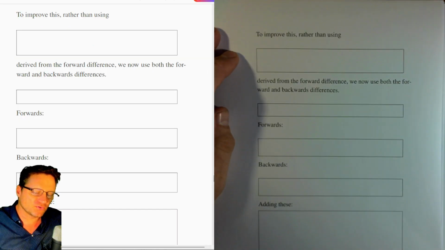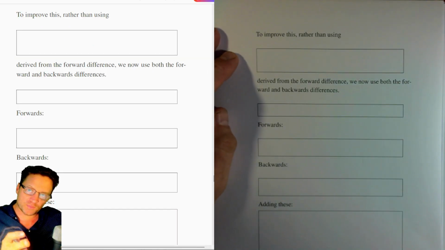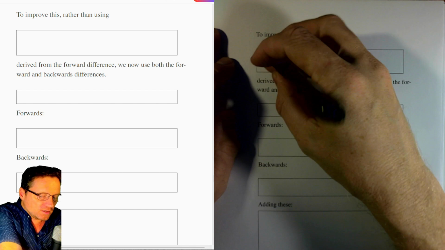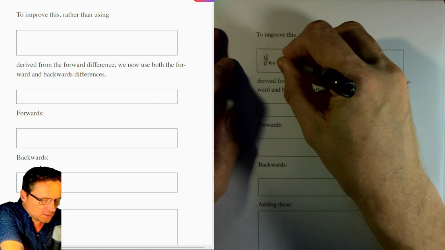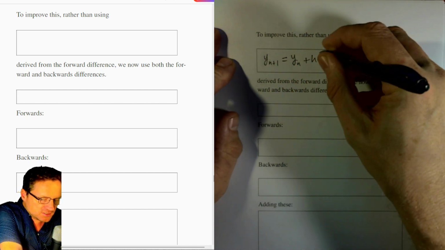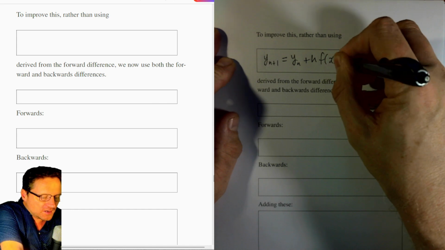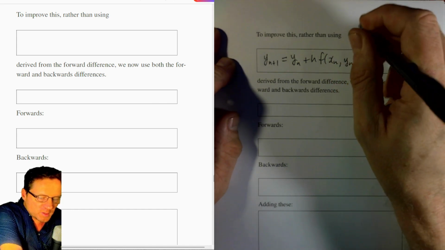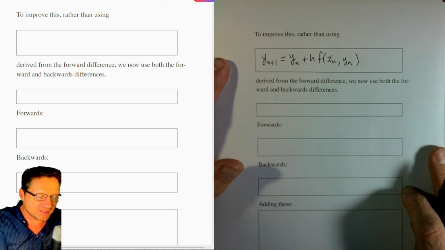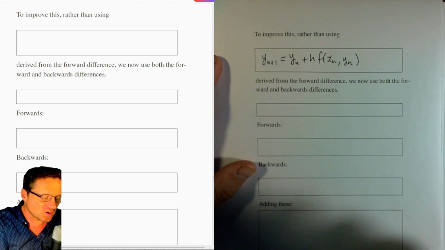Okay, so to improve on Euler's method, we proceed as follows. So rather than using yn plus 1 is yn plus h times f of xn comma yn, we can do a little bit better. Remember what we do in taking a forward difference approximation.